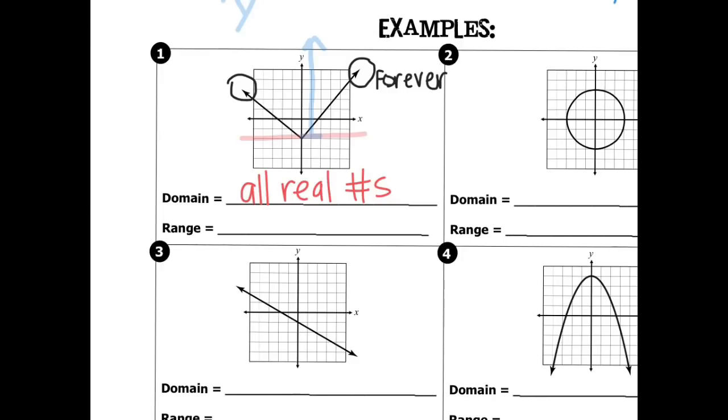That must mean that for this particular instance, my range, my y values, have to be greater than or equal to negative 2. My y value could be negative 2, but it could also move up to negative 1. It could move up to 0, to 1, to 2, to 3, to 4, and all the way up forever.